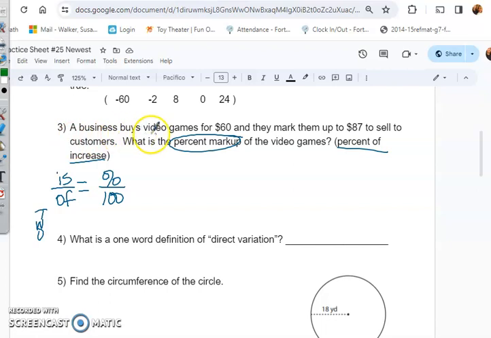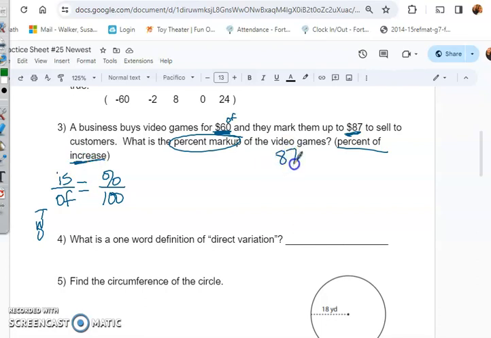So this says a business buys video games for $60. That's the of. This is the original price for the business. They're going to mark it up this much. So we have to find the percent of increase. We need right now to find the amount it increased.